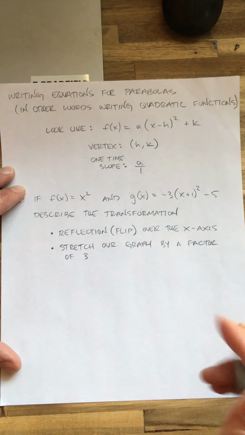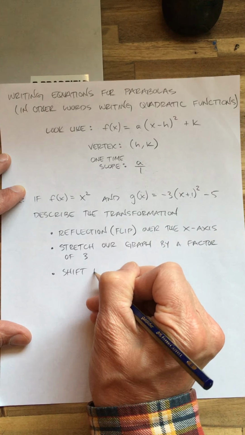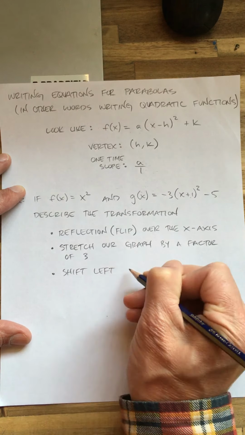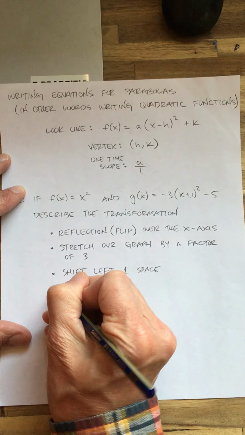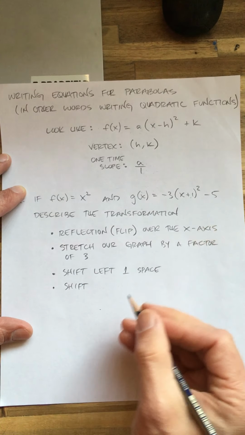One space, which direction? Since it's plus 1 there, we're going to shift which direction? Good. Left one space. And then this guy right here, since it's negative 5, which direction?